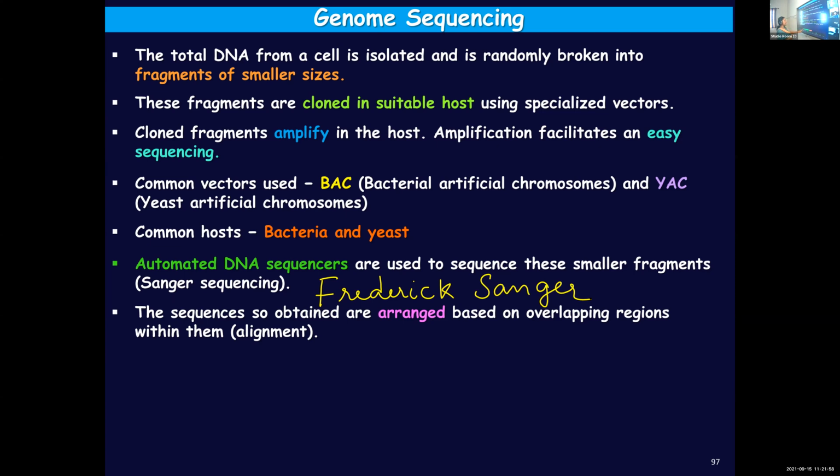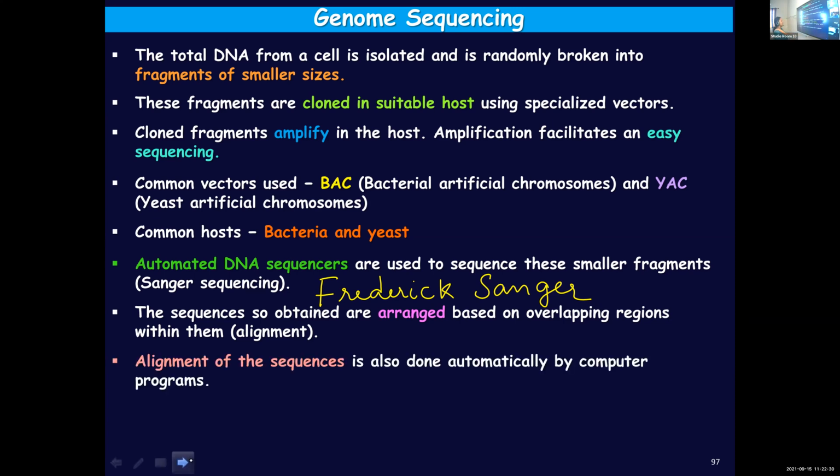Then once the sequences are obtained, they are arranged based on the overlapping regions. Yesterday we learned what overlapping regions are. Once again, using automated DNA sequencers, we determine the order of nitrogen bases in these smaller fragments, and then the next process is aligning them.